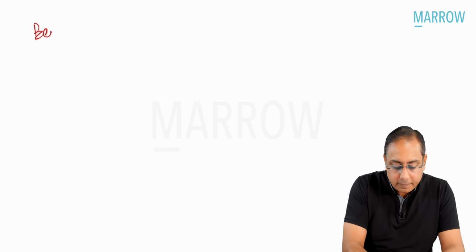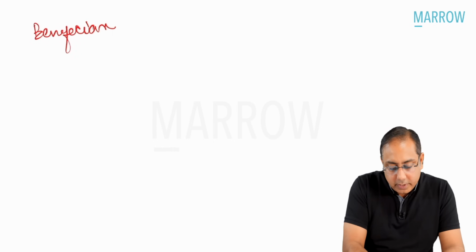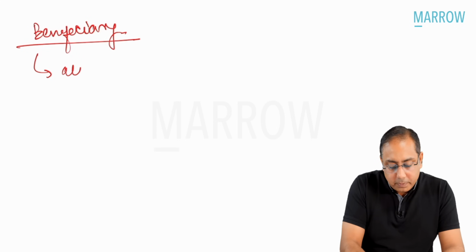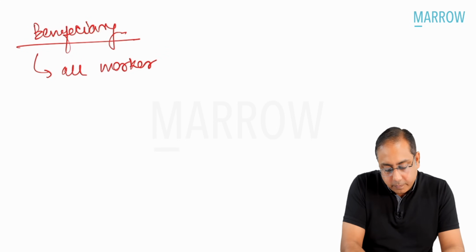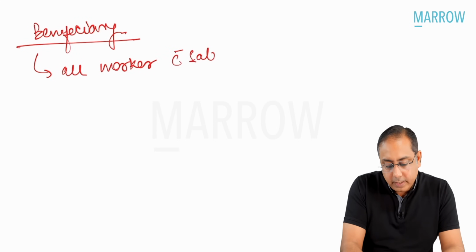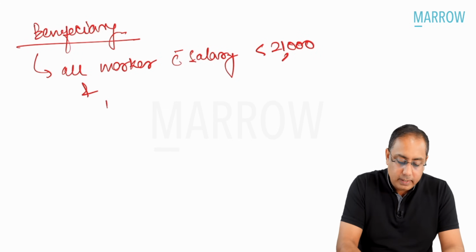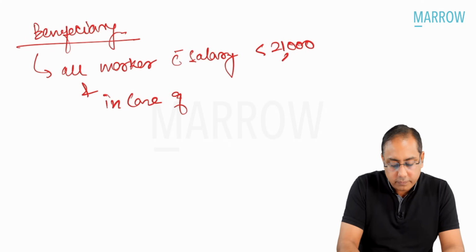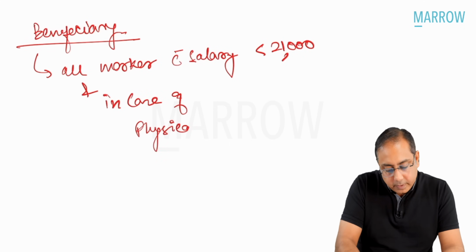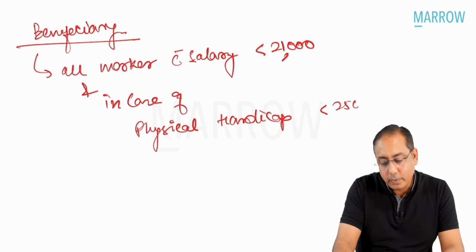Who will get the benefit? The beneficiary is all workers with salary less than 21,000, and in case of physical handicap, the salary is less than 25,000.